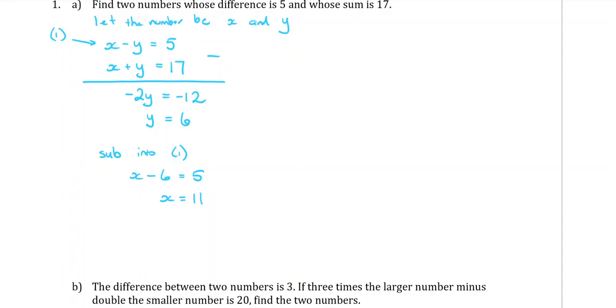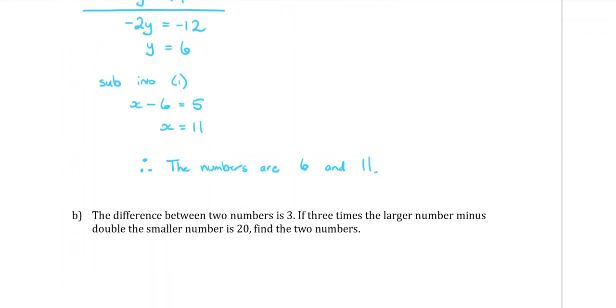X and Y were things that I introduced, so I need to write a little sentence to explain my answer. I was looking for two numbers, so I'm going to say, therefore, the numbers that we were asked to find are 6 and 11.